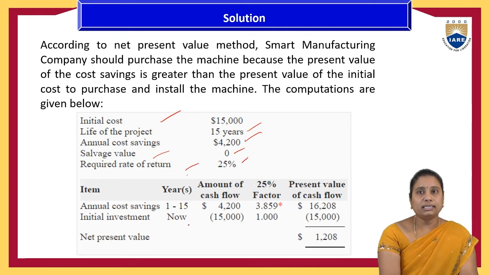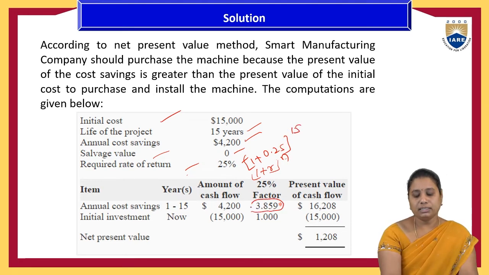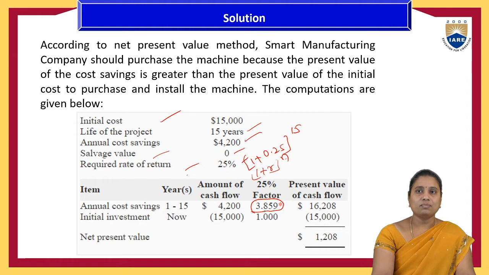For 1 to 15 years, the amount of cash flow is 4,200, whereas at 25%, the present value factor is 1 plus R to the power of N. That is, 1 plus 25%, written as 0.25, whole to the power of 15, we have taken, that is 3.859.